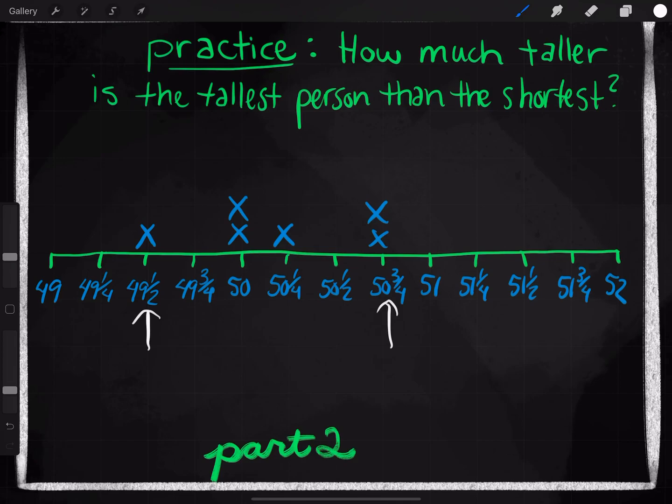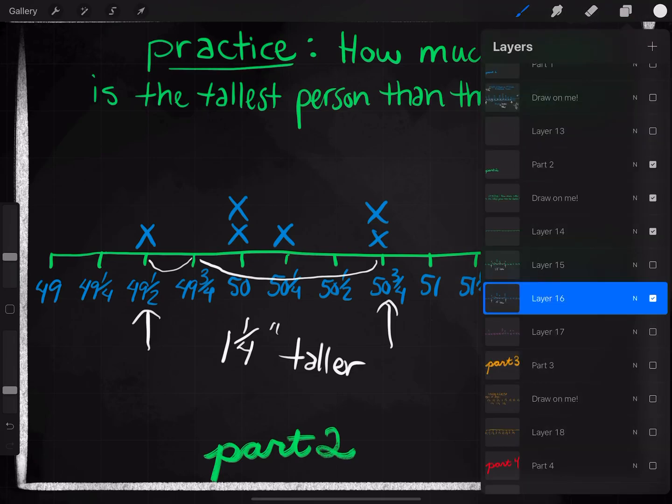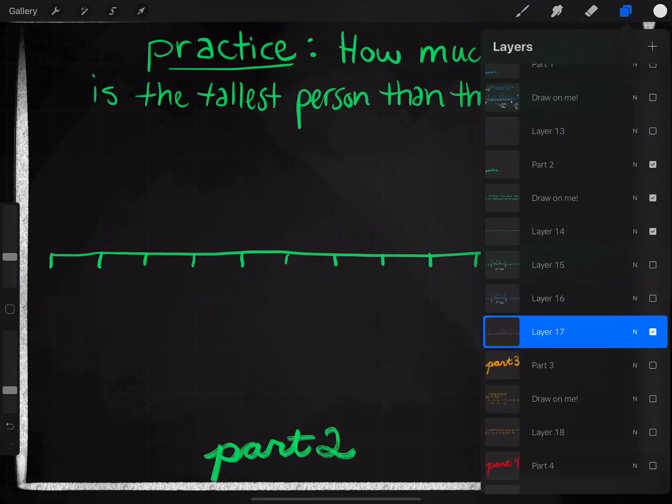So 50 and 3/4. One would be 4 and 3/4, and then one more fourth. 1 and 1/4 inches taller. You can also just use regular subtraction if you want, but the number line's a pretty easy way of looking at it.